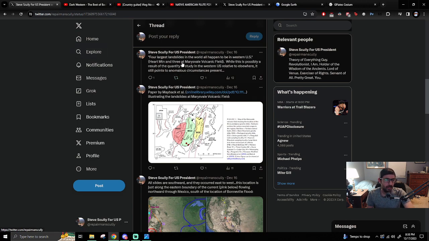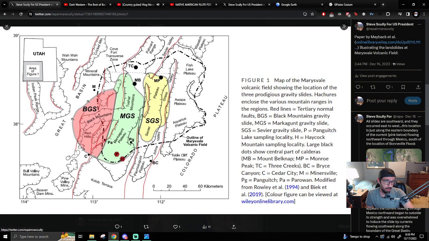Okay. So, I found a paper by Maybeck et al. illustrating the landslides at the Marysville volcanic field. So this is the Sevier Plateau landslide. This is the Markagunt Plateau landslide and the Black Mountains landslide. So they're 3 next to each other.